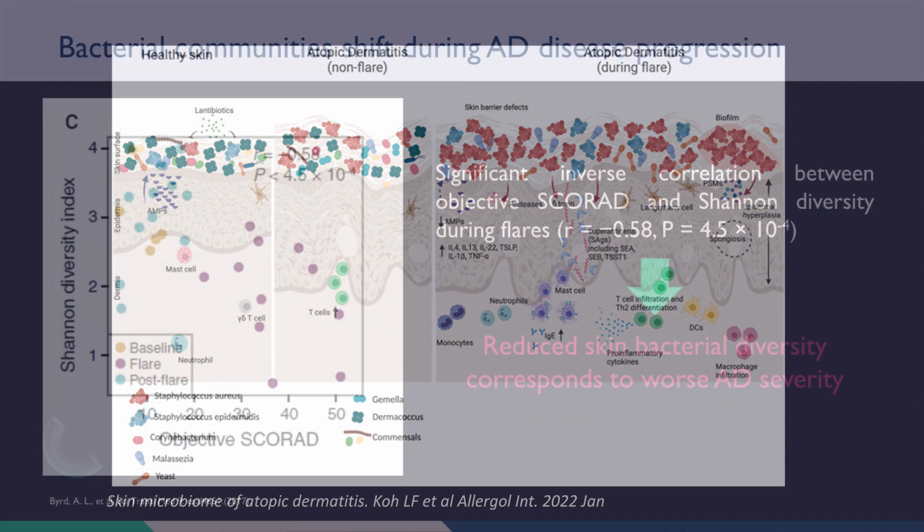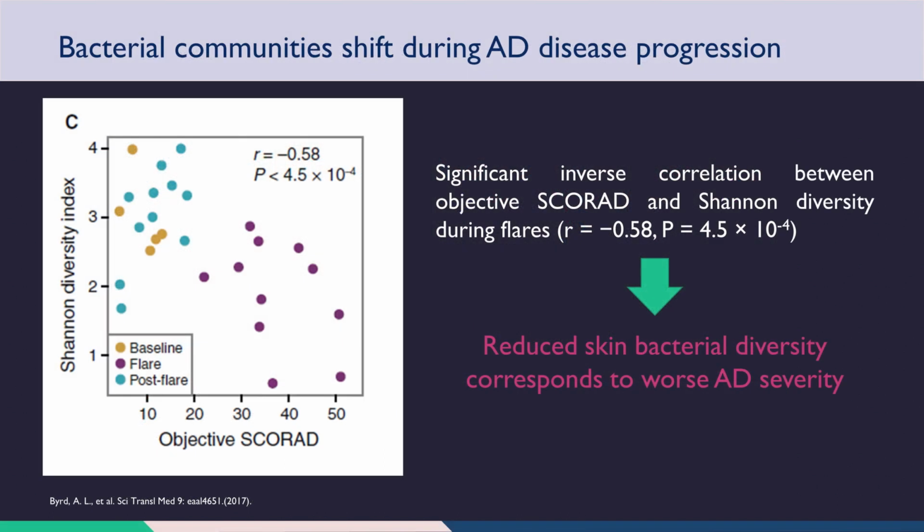Okay? So the bacterial communities also shift during AD disease progression. With every flare, you get a different host of bacterial communities on the AD skin. These are all pathogenic bacterial communities, and then you have to end up treating more and more of it with every AD infective flare.